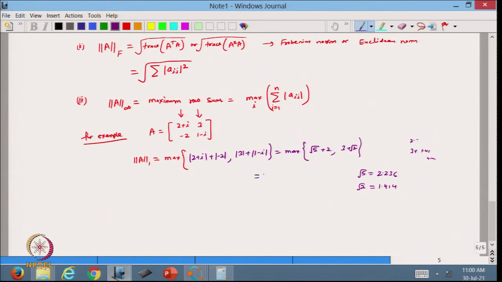So, from here I can see that I can take the maximum value. So, it is 4.236, and this is 3 plus 1.414, that is 4.414. So, if I calculate this value, then this is my 4.414. So, that is my one norm.